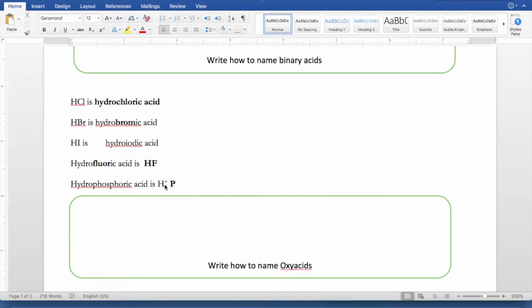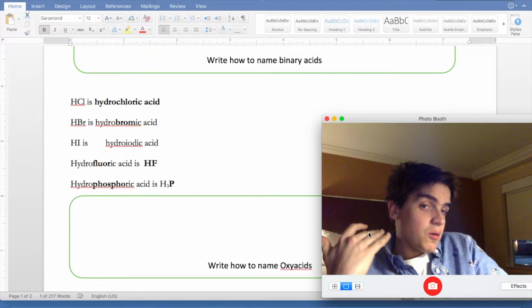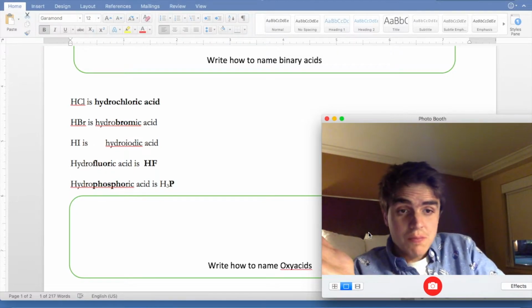So that's going to turn into, let's see, oh yeah, H3P. Okay. So we're just working backwards. And the trick with working backwards, of course, is to look for this stem, whatever's causing this to happen. In my experience, the oxyacids are what trip people up, and these binary acids come pretty easily.